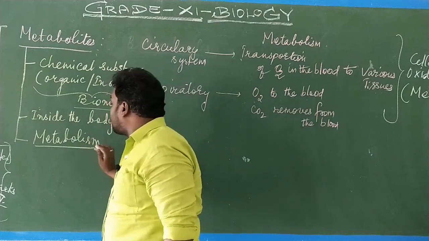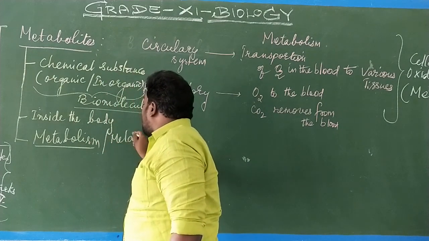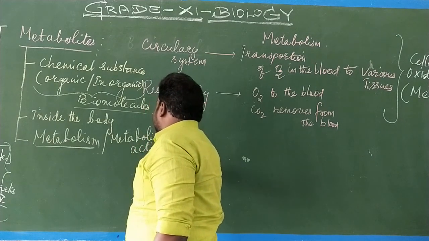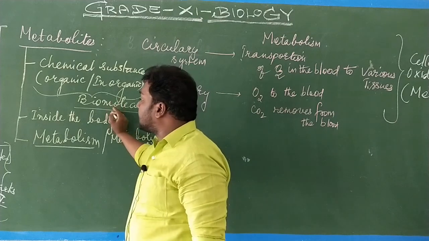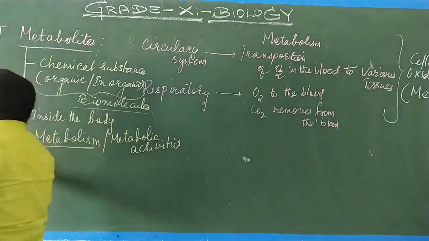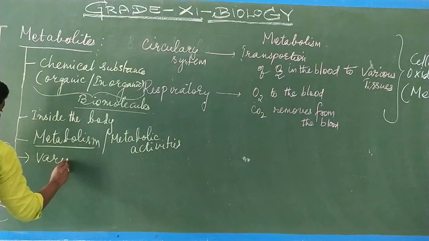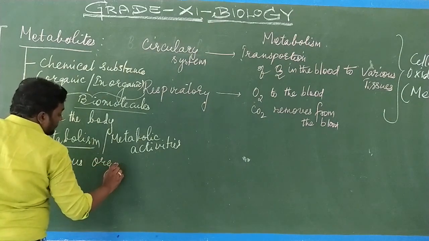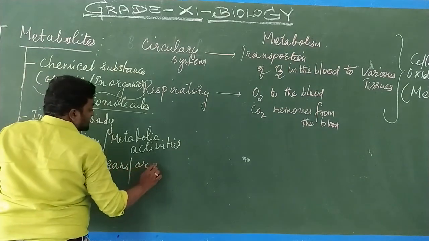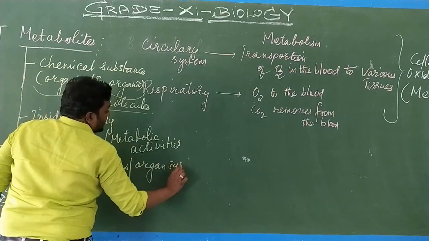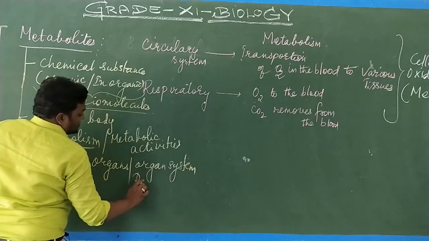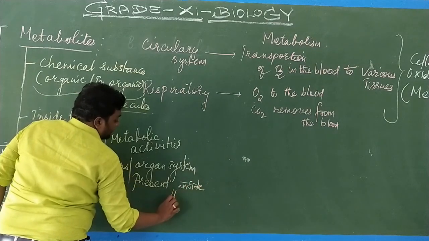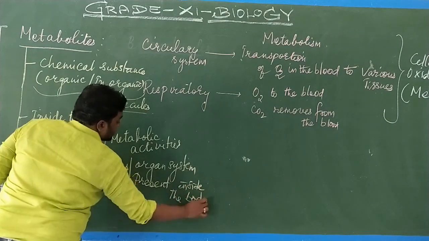So as a result of metabolism, or otherwise called metabolic activities, where does it happen? Inside the body. Metabolism is carried out by what? Various organs and organ systems present inside the body.